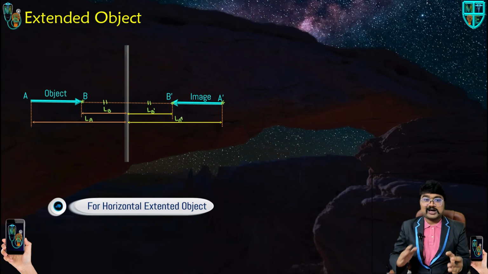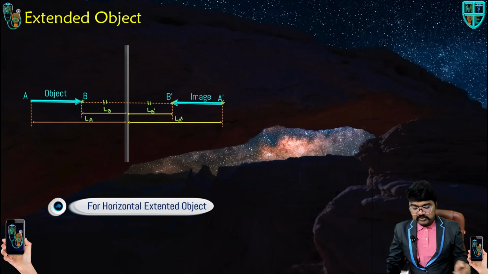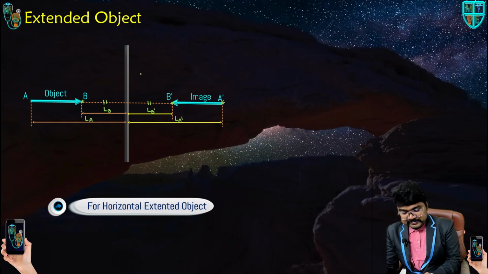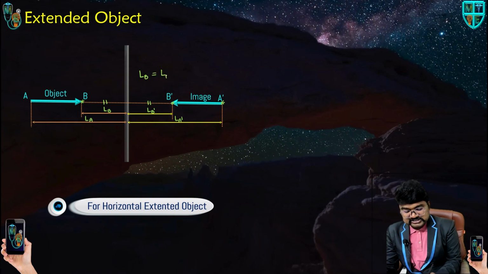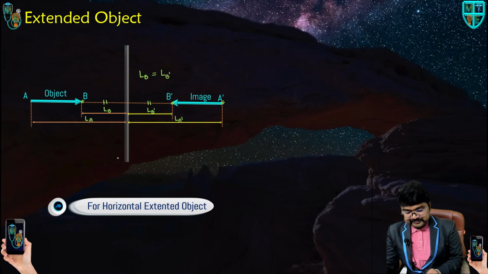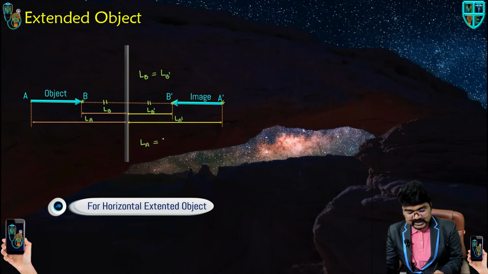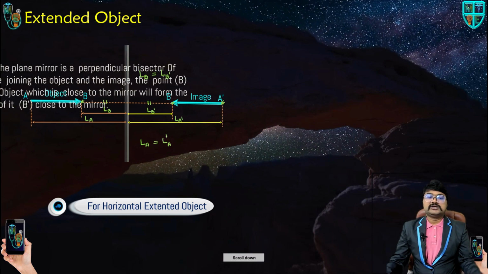Then you will get the image for extended object. Okay, so here LB equal to how much? Here LB equals LB dash, and similarly LA equals LA dash. Now it is very simple to draw this.